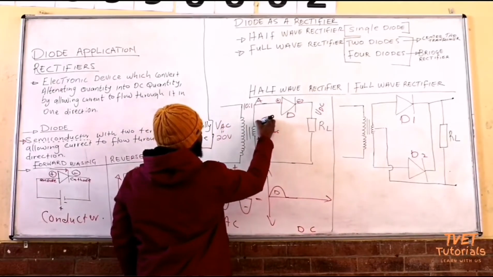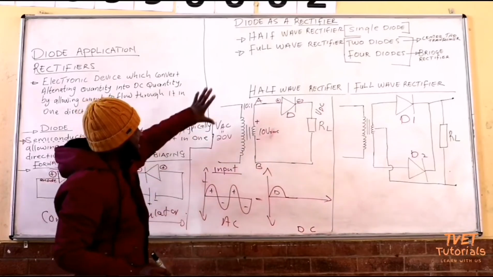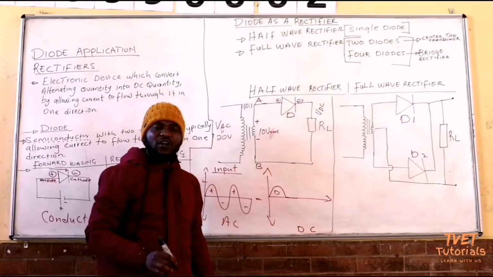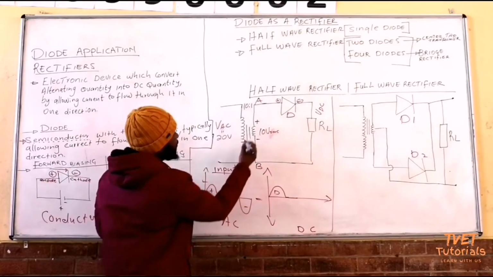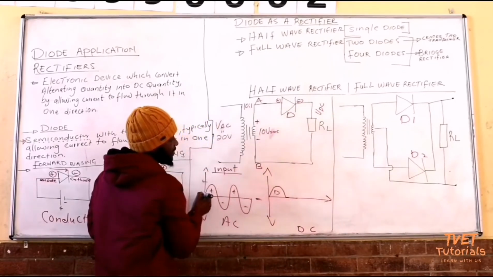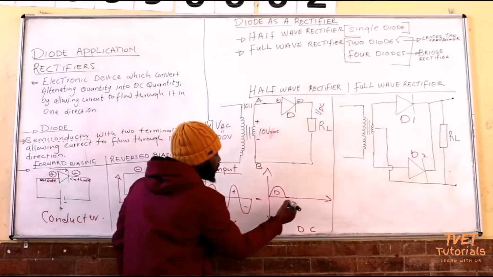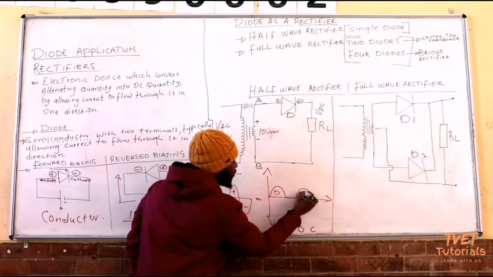So we change again, we say, during the positive half cycle, what happens? We know that this diode is now connected in the forward bias mode again. So, forward bias mode, positive to positive, negative to negative. The diode conducts again during the positive half cycle. Therefore, it will generate another half wave.